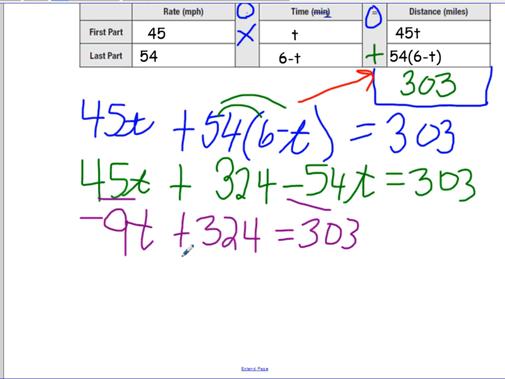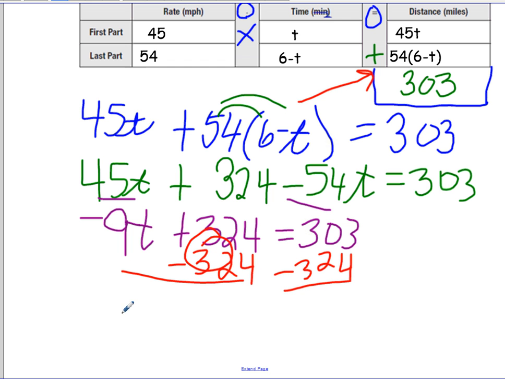Now let's get rid of our adding 324 by subtracting it from both sides. So we're left with negative 9 times t on the left-hand side and negative 21 on the right-hand side.